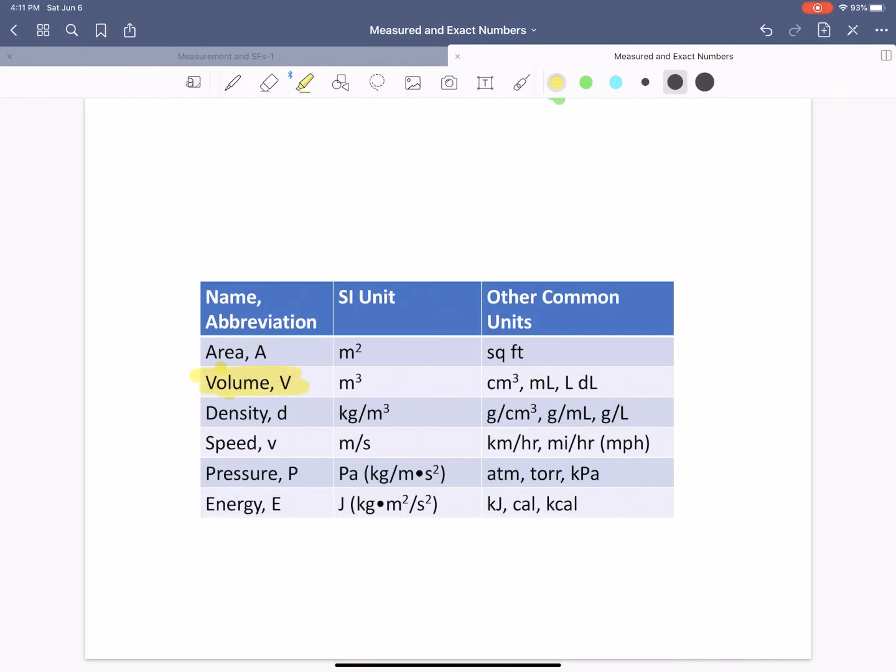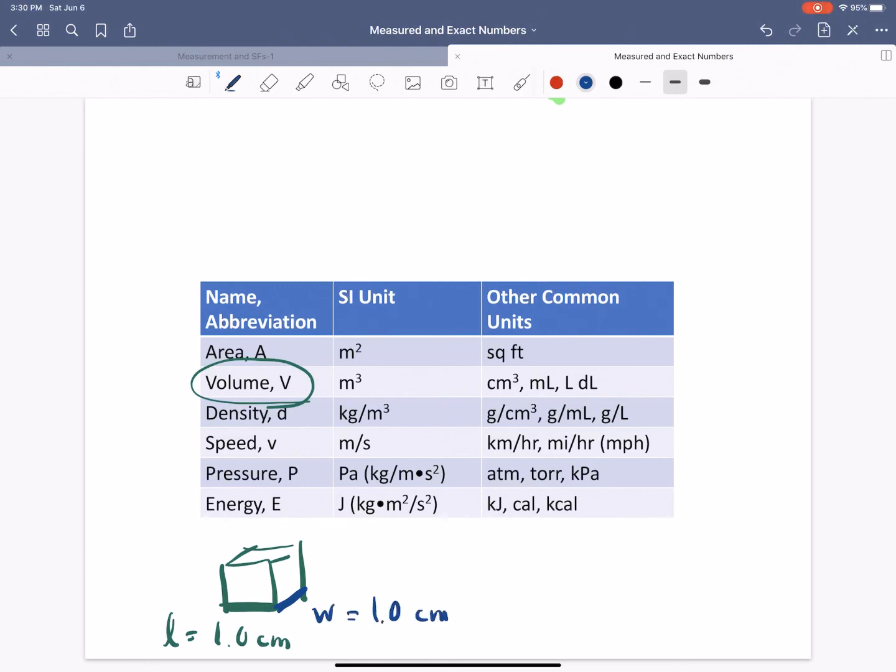For volume to be a derived unit, we would need to have a dimension by a dimension by a dimension. So maybe we have a cube, and the cube has a length equal to 1.0 centimeters and a width equal to 1.0 centimeters and a height equal to 1.0 centimeters.